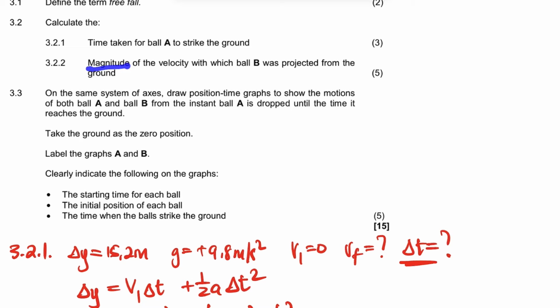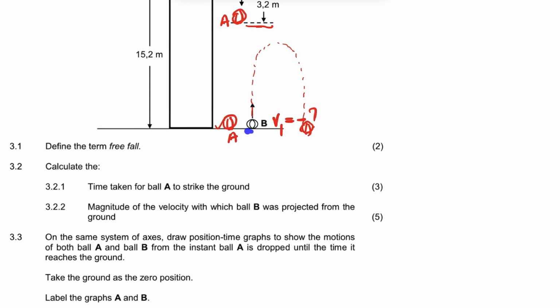Now the question says calculate the magnitude of the velocity with which ball B was projected from the ground. We want this velocity, in which it was projected upwards from the ground.